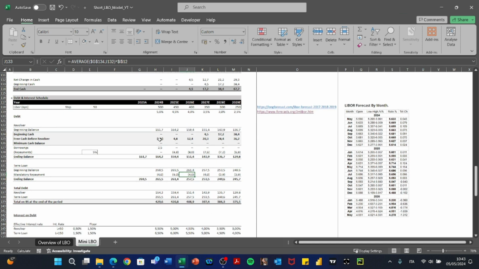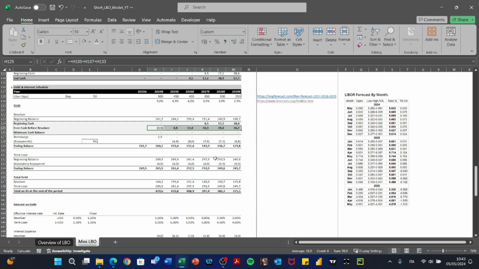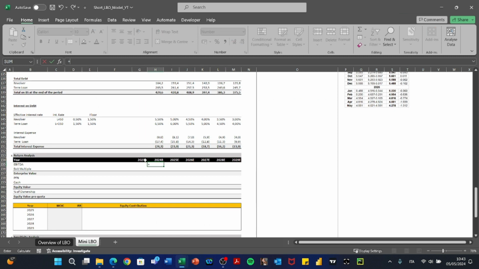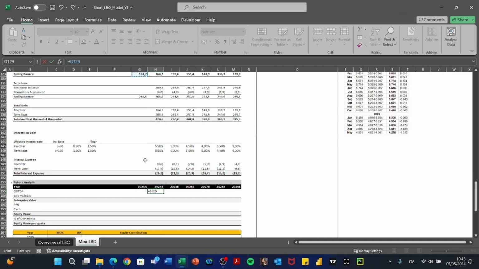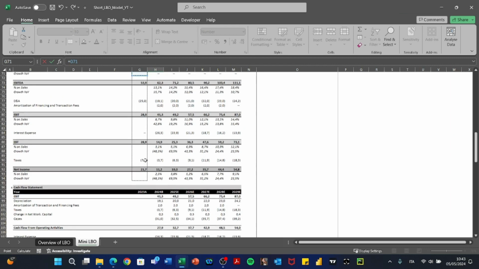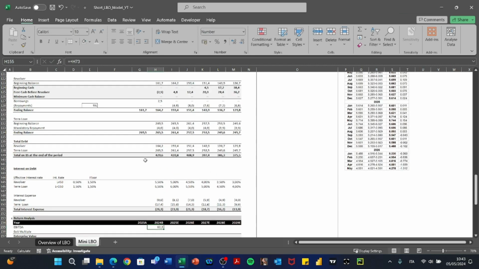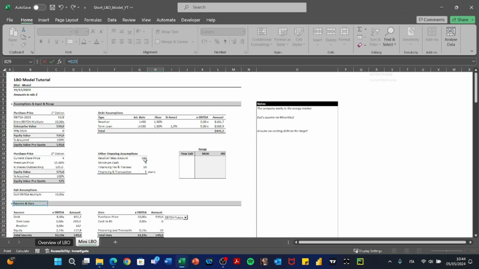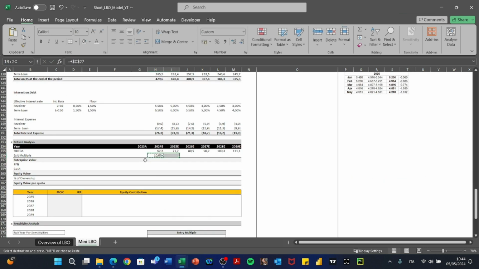And okay, let's now go to our return analysis. Our exit multiple is 10.